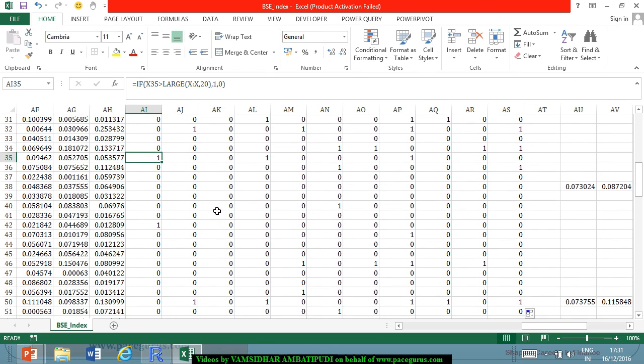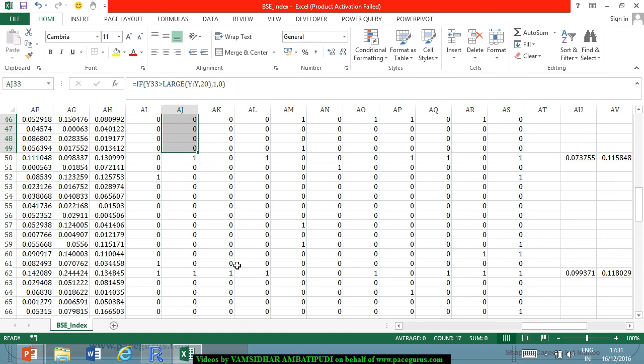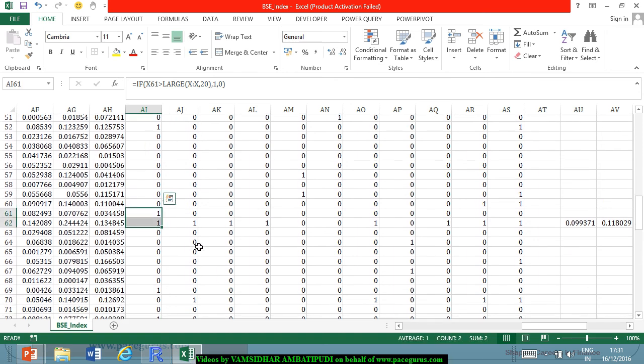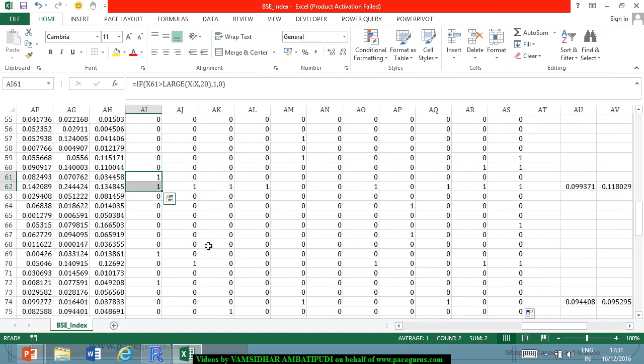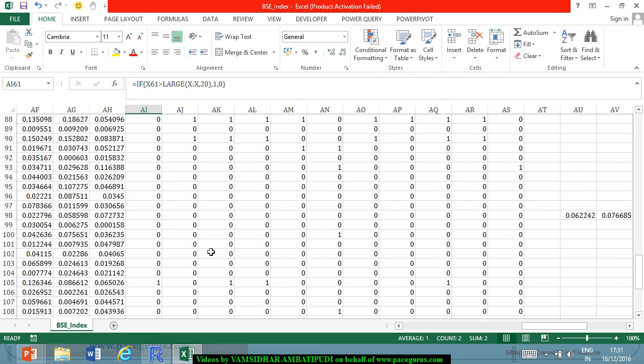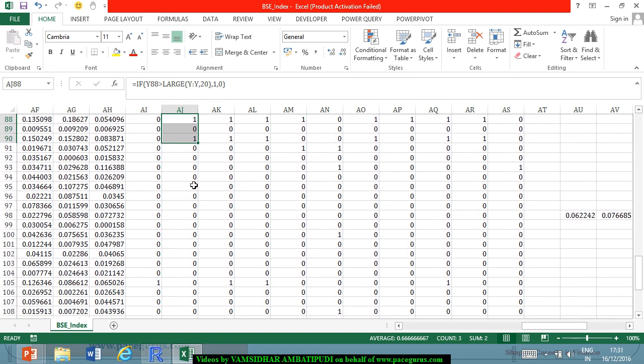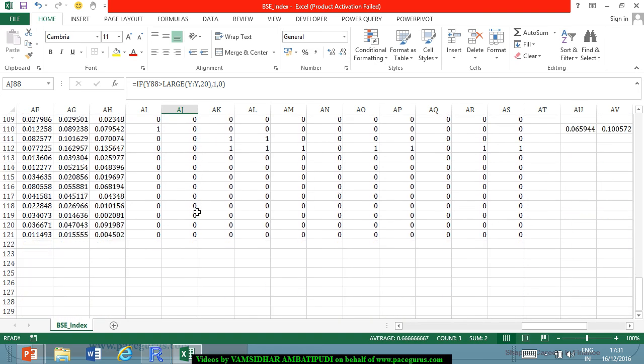Now here are so many days where the zeros are, nowhere coming closer. But again these two ones are together. So you can clearly see that the extreme values generally come together. Again here 1 and 1 are out here, with no gap you have two ones, but again there's a big streak of zeros.